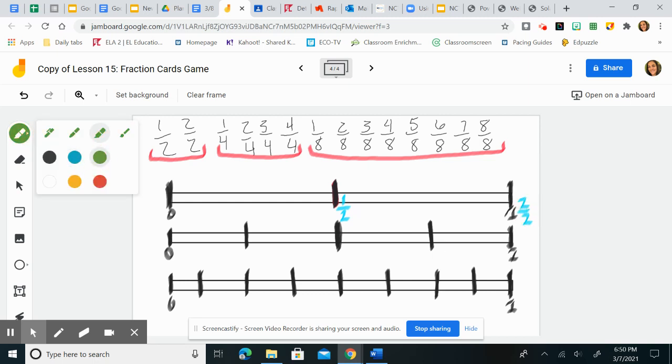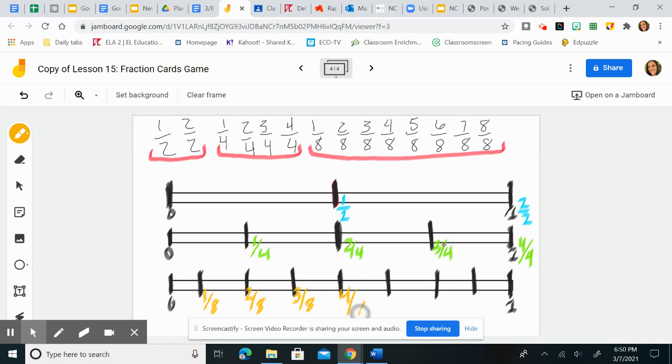For my fourths, I have 1/4, 2/4, 3/4, and 4/4. And finally, for my eighths, I have 1/8, 2/8, 3/8, 4/8, 5/8, 6/8, 7/8, and 8/8.